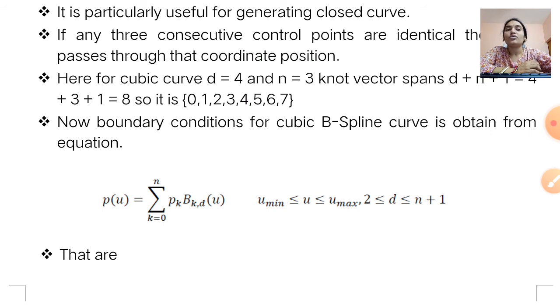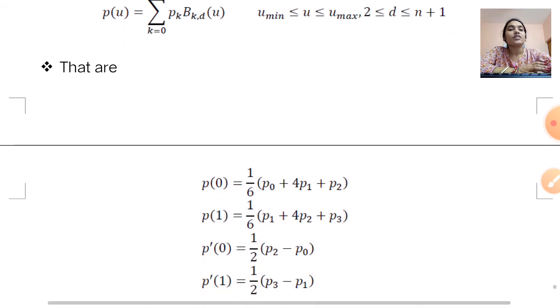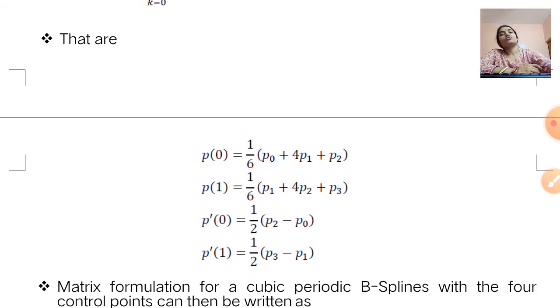Here u is in the range between u min and u max, and d is in the range from 2 to n plus 1. That gives P of 0 equals 1 by 6 into P0 plus 4P1 plus P2, and P of 1 equals 1 by 6 into P1 plus 4P2 plus P3.